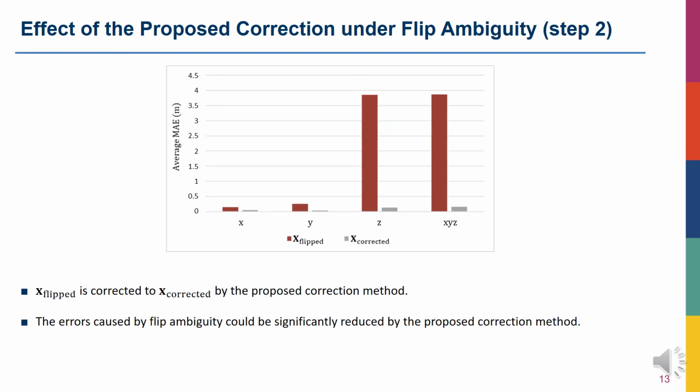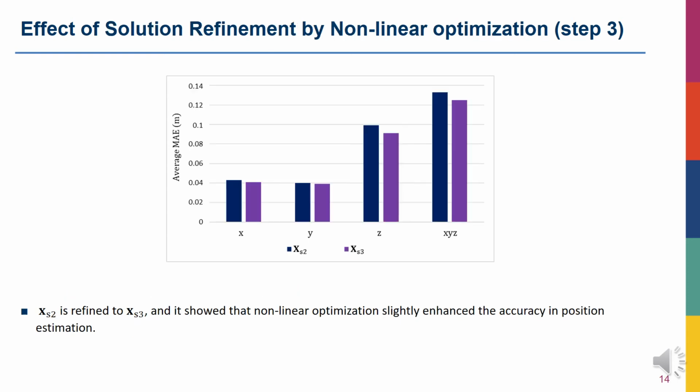This figure shows the impact of the proposed method for resolving and correcting flip ambiguity. The errors caused by flip ambiguity could be significantly reduced by the proposed correction method. This figure shows the impact of positioning refinement by the nonlinear optimization.